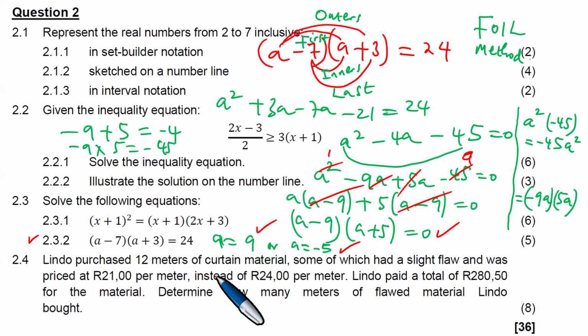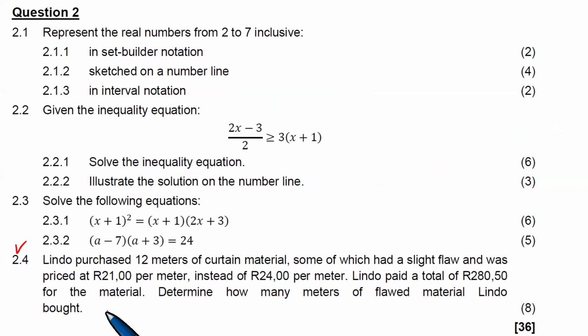Now we continue to look at 2.4. In 2.4, we're speaking about Lindo. Lindo's purchase is a story sum. In January this year, the students for this course were given a story sum. We call it a word problem in mathematics.